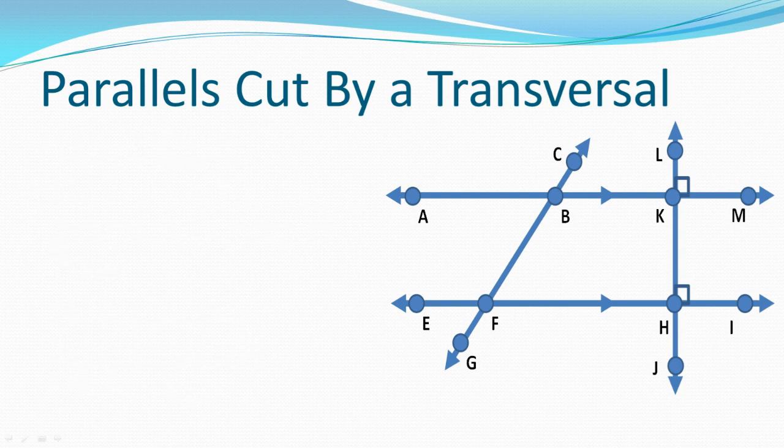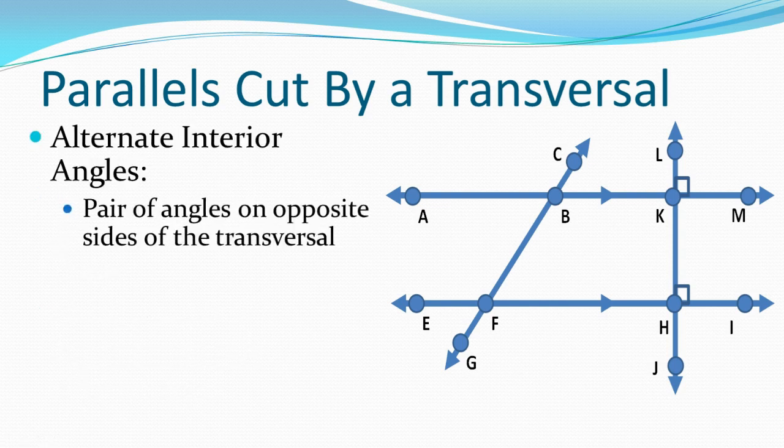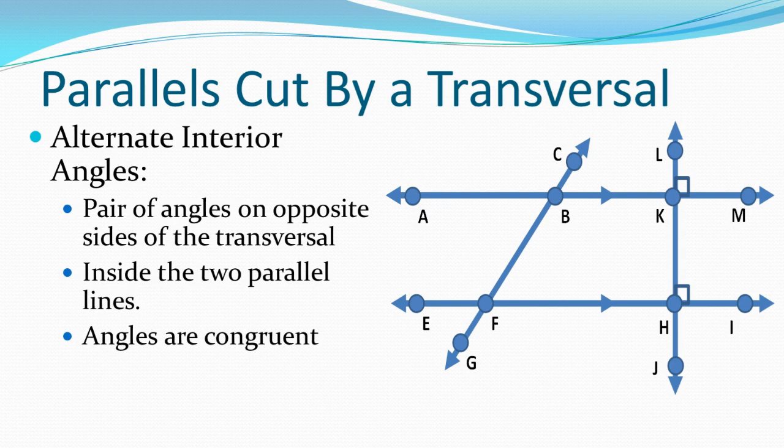One of these relationships is called alternate interior angles. This is a pair of angles on opposite sides of the transversal inside the two parallel lines. These angles are congruent. So they have to be on opposite sides. So alternate in this case means opposite sides of the transversal. That's the line that's cutting through the two parallels. They have to be inside of the two parallel lines.